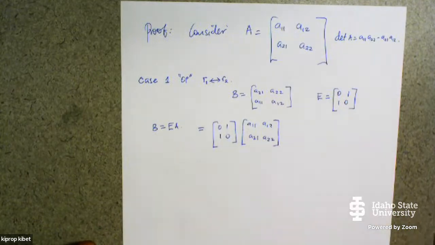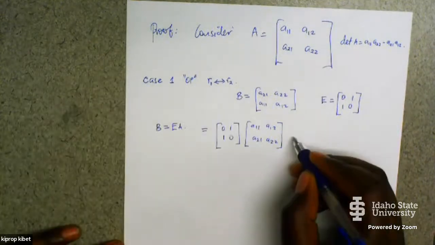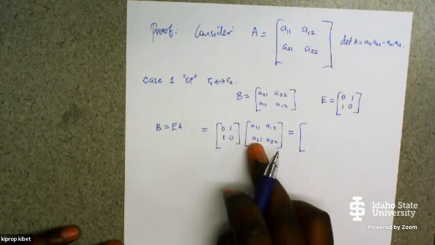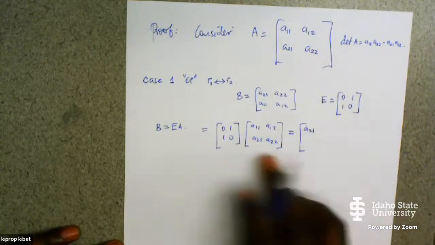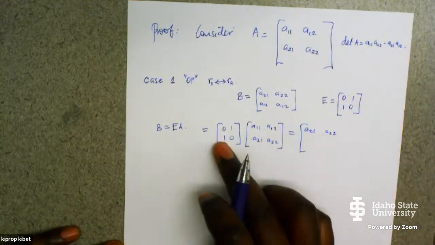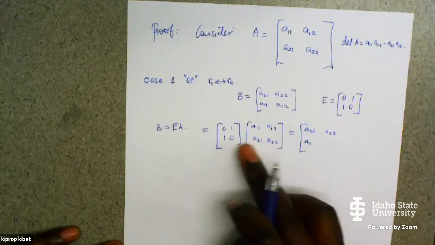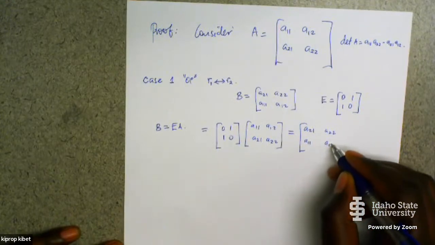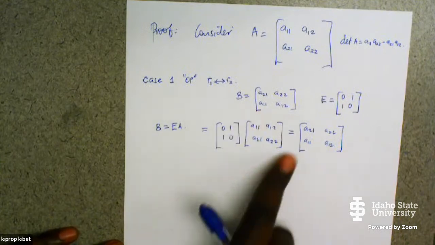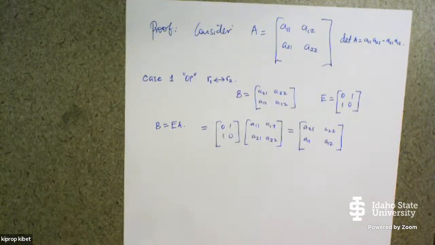If we multiply this, this and this gives A21, then A22, then A11, and of course the last one is A12. Is it equal? So it is equal, right? So B is equal to EA.